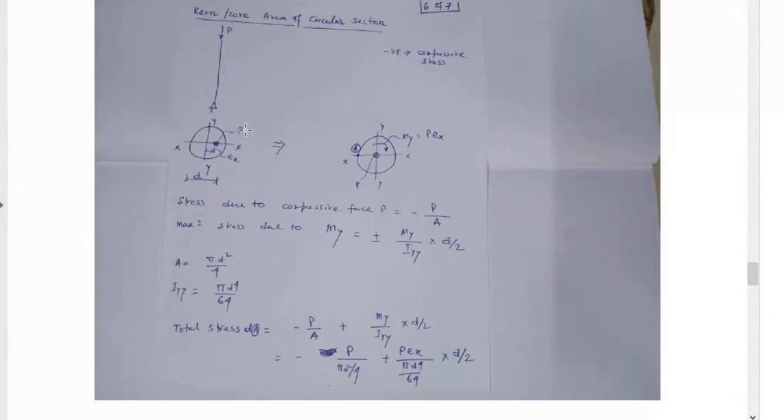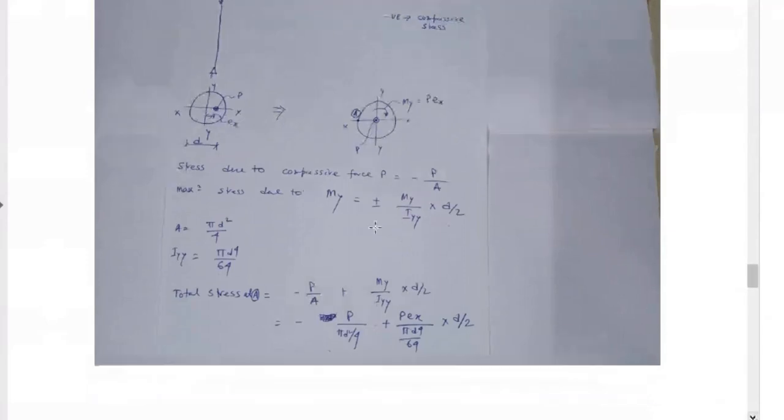We replace this P with eccentricity ex by a concentrated force P passing through the centroid of this cross section with a moment My, that is P into ex. Again, we calculate the stress due to direct compression, that is minus P by A. The maximum stress due to the moment is plus minus My by Iy into d by 2.